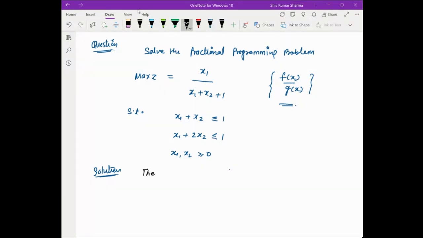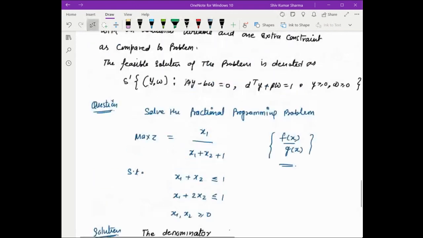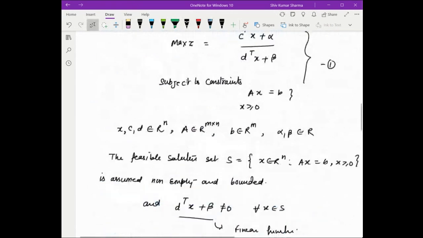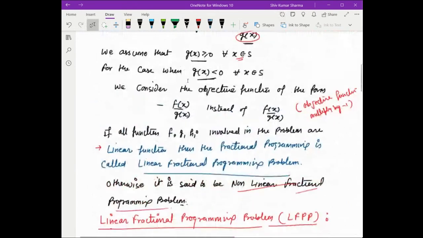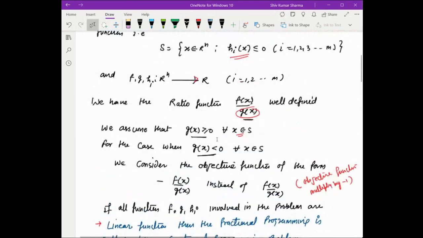We see that first we focus on the denominator. Understand? This is our basic thing. So the ratio function fx upon gx is well defined; we assume that gx is greater than or equal to 0.